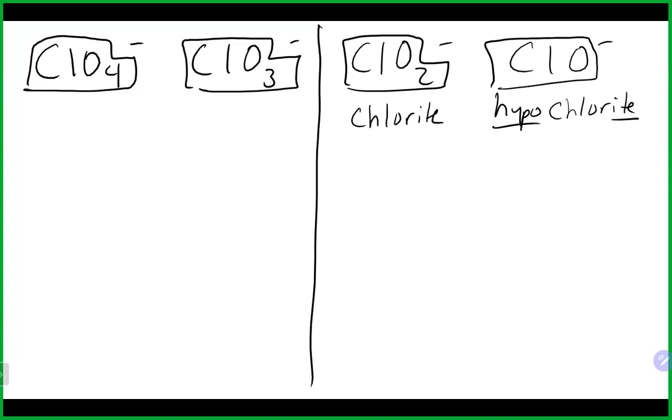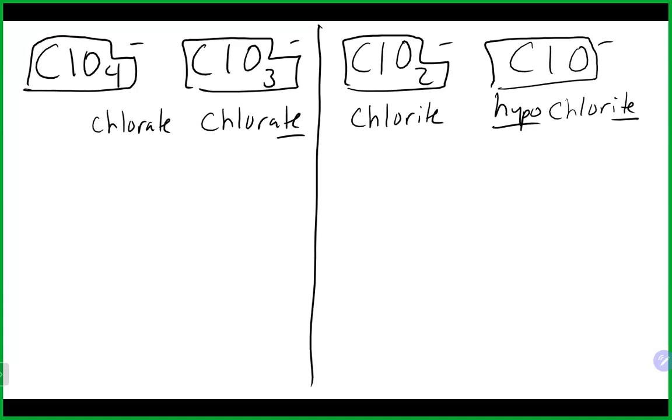Going the other way with our ClO4 minus and our ClO3 minus, those are the ones with the most oxygen, which means they should end in ate, right? So this would be chlorate because it's chlorine. This would also be chlorate. But once again, we cannot have the same name for 2 different things.